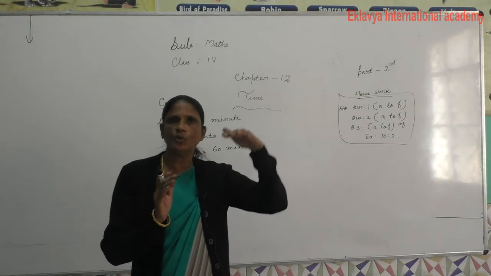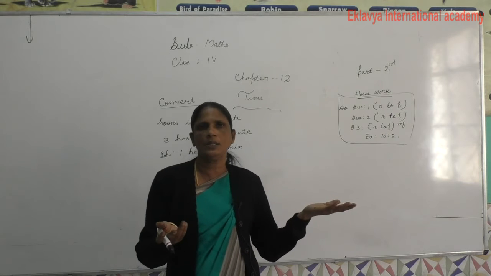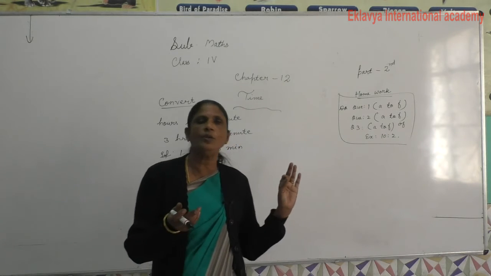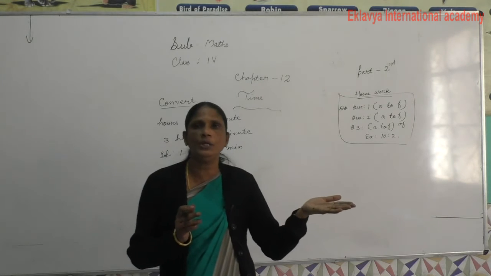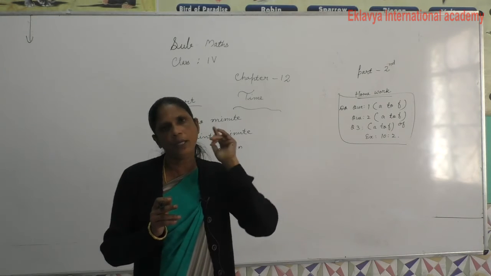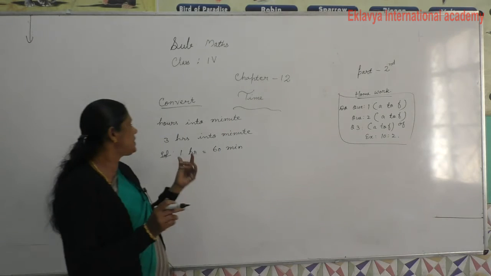Listen, from a bigger unit to a smaller unit, in rupees, paise, or any unit of measurement, when converting a bigger unit into a smaller unit we multiply, and from a smaller to a bigger unit we divide. Here which is smaller?